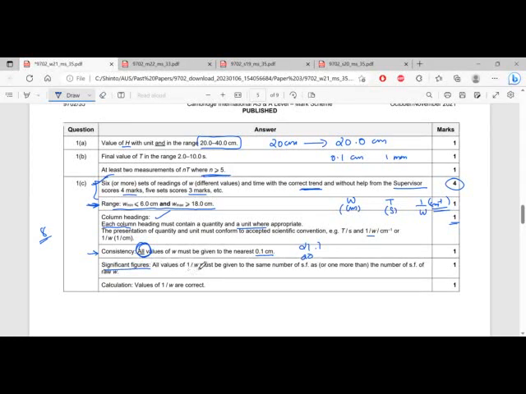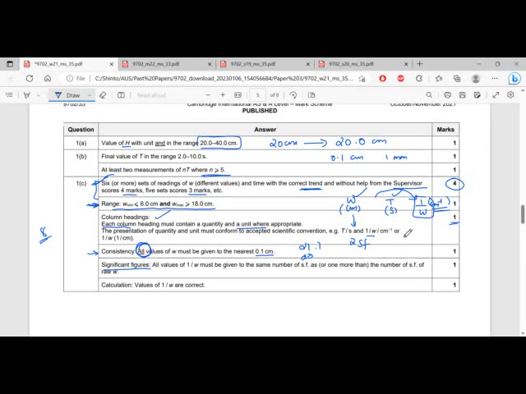The next is regarding significant figures. This is important when you have two such columns, like let's say you have W and T and you have to calculate 1 by W. Let's say all these values of W had two significant figures. Obviously when you find 1 by W using a calculator, you may get more than two or three significant figures.